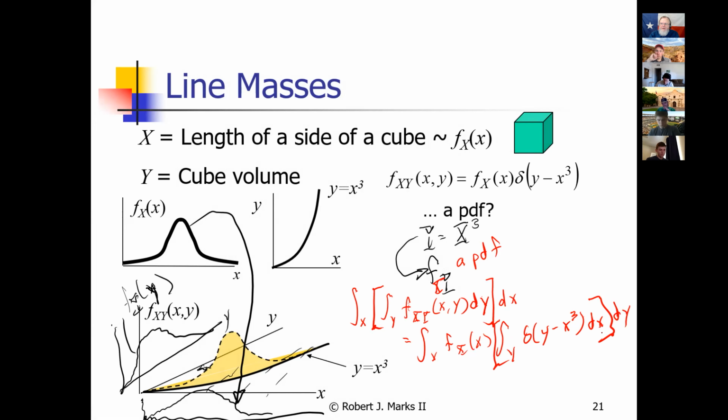Whoops, I'm sorry. This should be dy dx. I got my differentials backwards. I hate when I get my differentials backwards. Well, what is this equal to? Can anybody tell me what this is equal to?